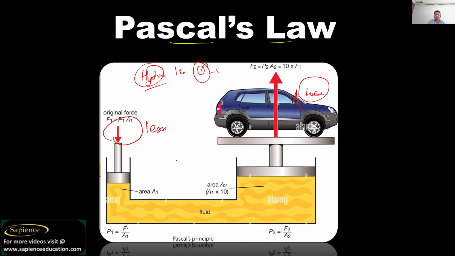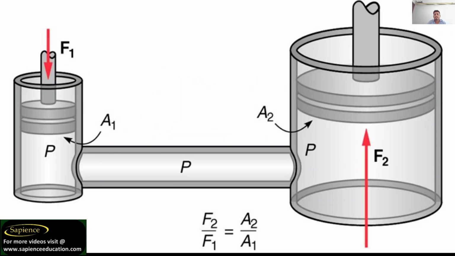Before that, we need to understand the basic principle of Pascal's law. Here you can see a force F1 applied on a piston. This is your piston cylinder assembly.